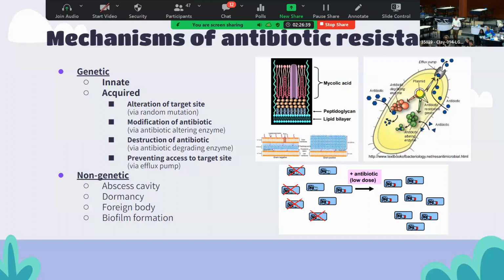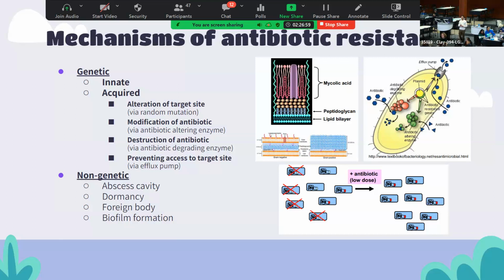And so mechanisms of antibiotic resistance in bacteria, you can have genetic and non-genetic causes. So you can just have the innate resistance of a bacteria. For example, Mycobacterium tuberculosis, as you recall, has that thick mycolic acid layer, and that can prevent some antibiotics from binding.